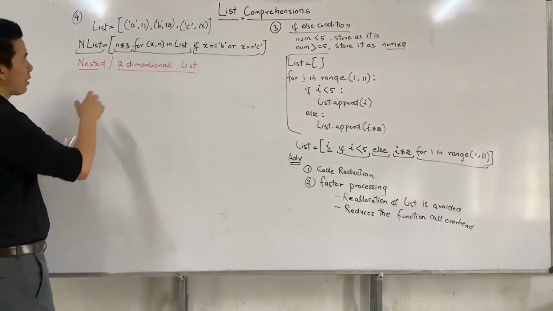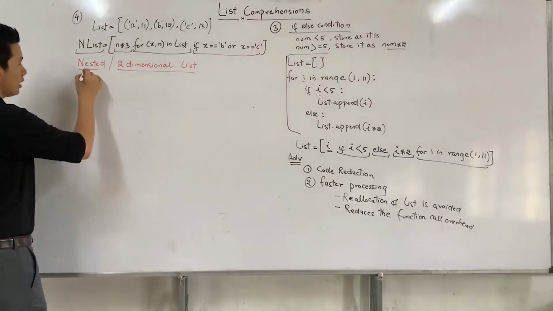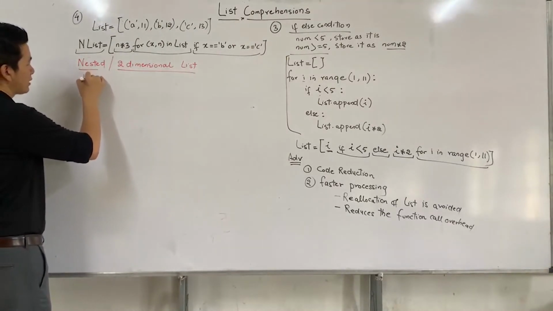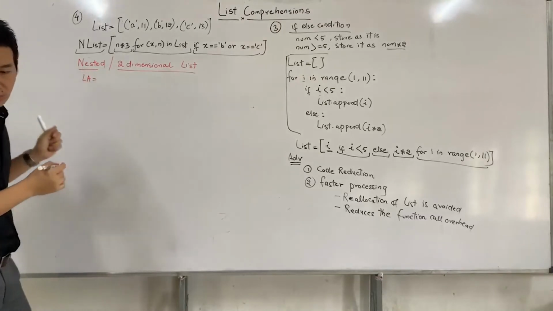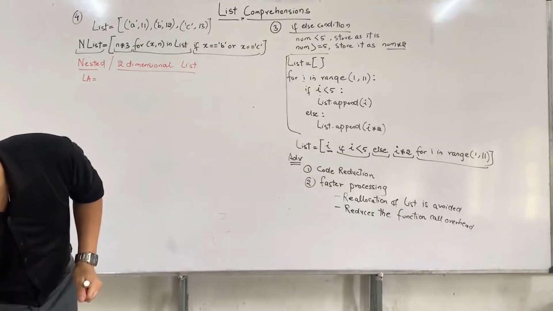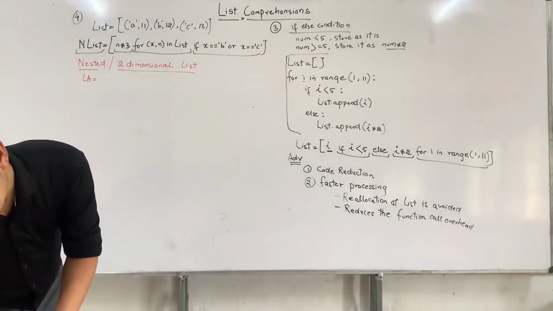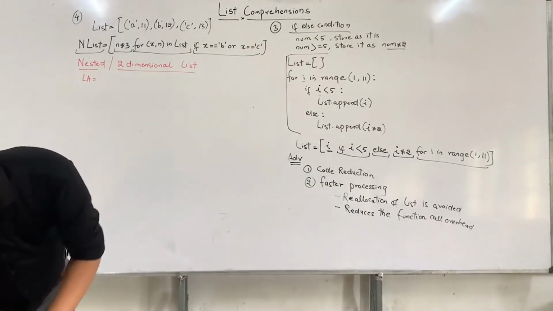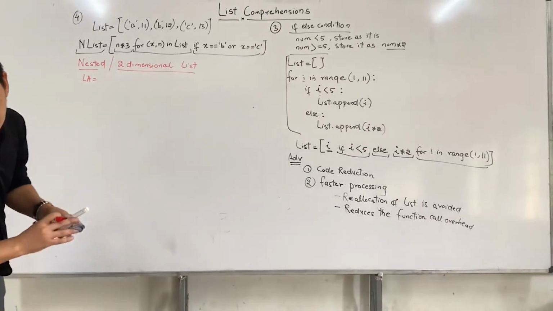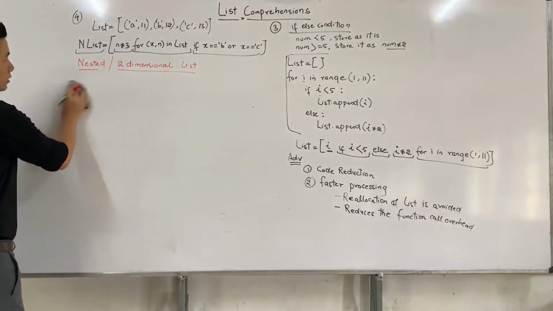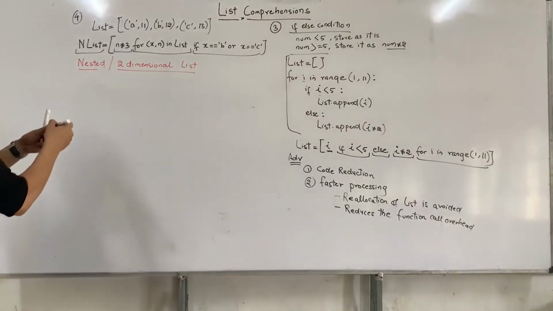Now let's come up with an example. Let's say I have list A is equal to, I don't remember the question, so let me just copy from here. But before this, let me come up with another example.